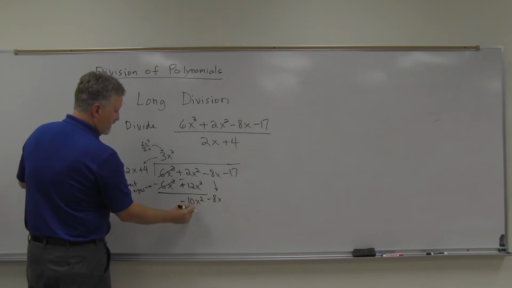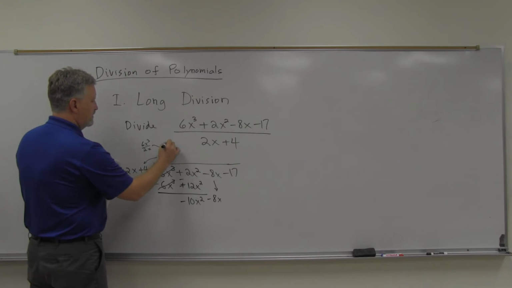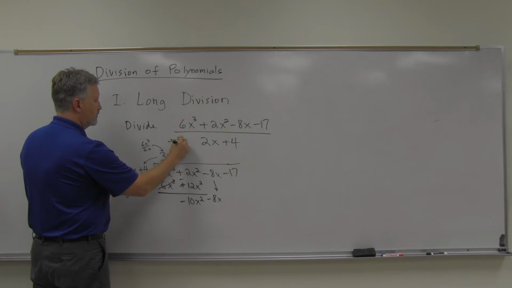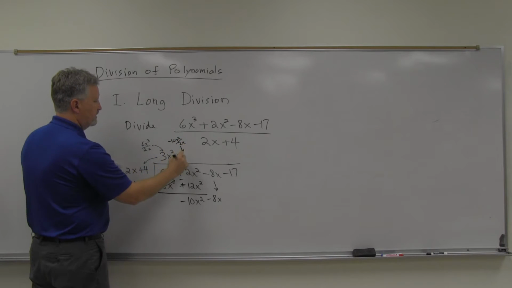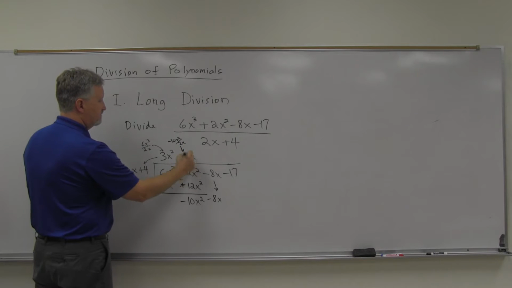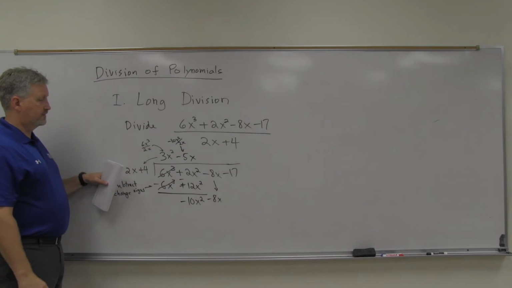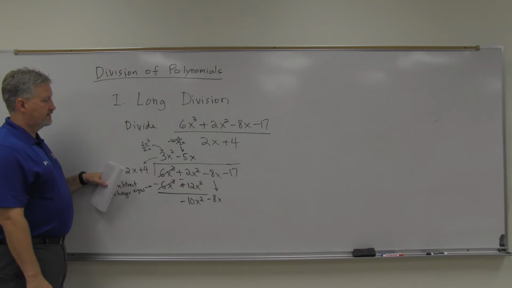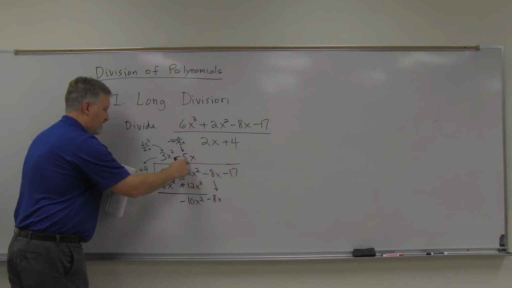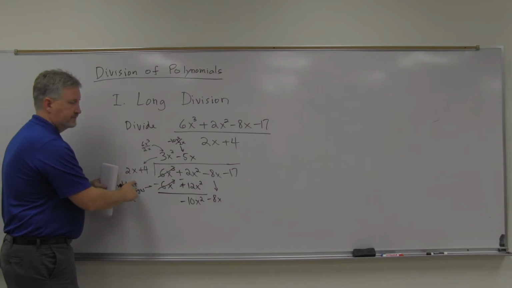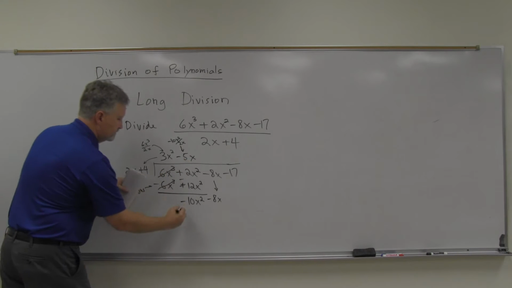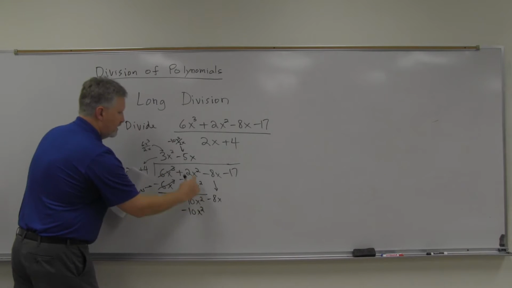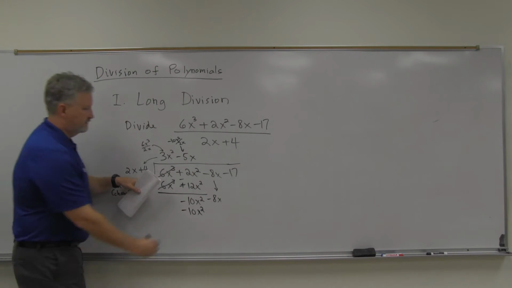All right, so now we've got negative 10x squared, divide that by 2x. And that goes right here, so that'd be negative 5x. X squared divided by x is x. Now we take the negative 5x times the 2x plus 4. Negative 5x times 2x is negative 10x squared. Negative 5x times 4 is negative 20x.